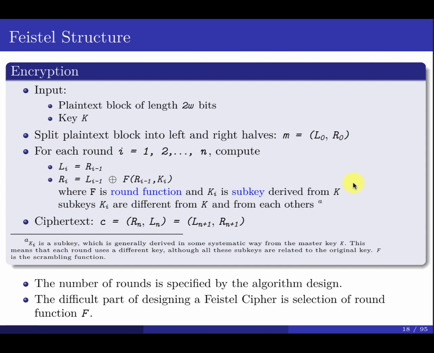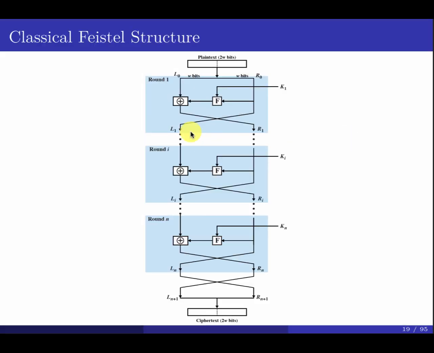Simply you have the plain text, you divide this into two halves, left and right, then you're going to perform the operation. So the encryption process, as we saw last time, uses the Feistel structure, which consists of multiple rounds of processing the plain text. Each round consists of a substitution step followed by a permutation. So that's what we did for each round here.